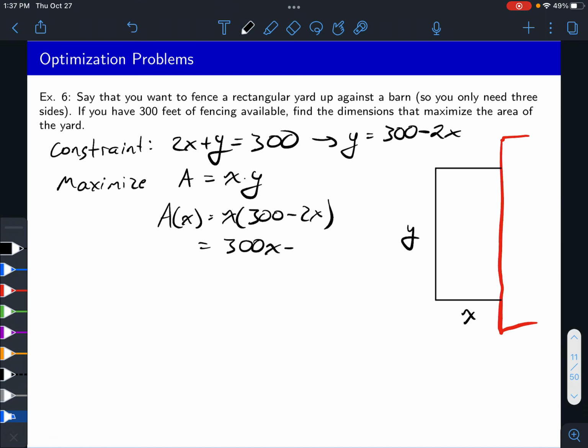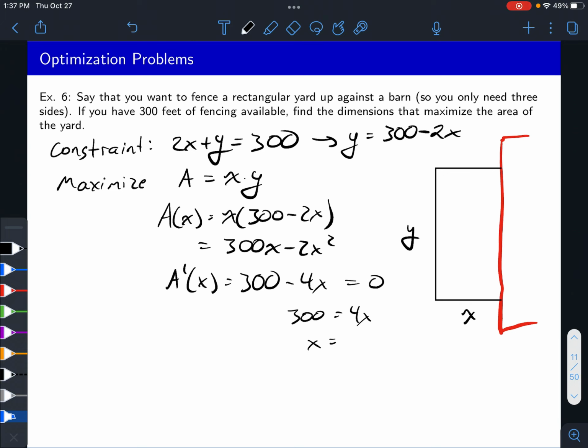I can then distribute that x and then take a derivative to find critical points. So I get 300 minus 4x and set that equal to 0 to find my critical points. I don't have any undefined points here or anything, so I don't have to worry about that. So 300 is equal to 4x. So x is equal to 300 over 4.